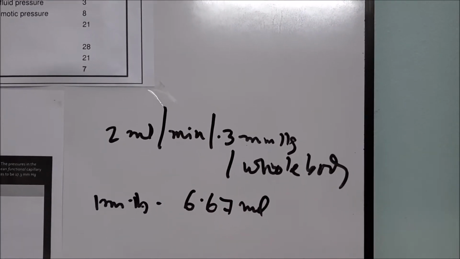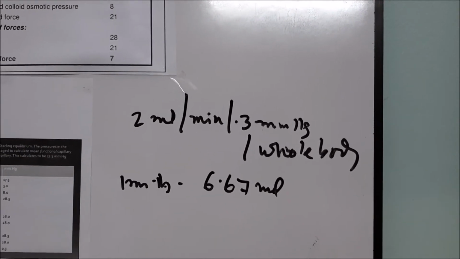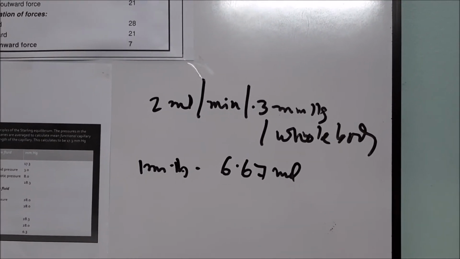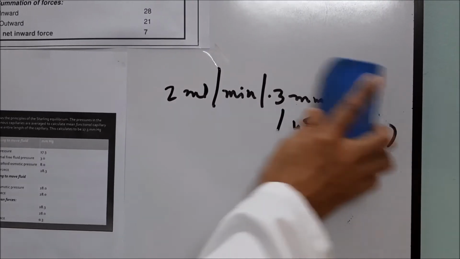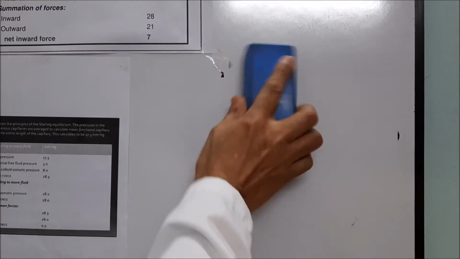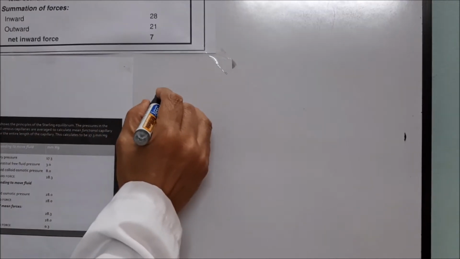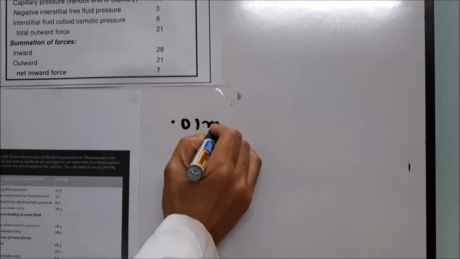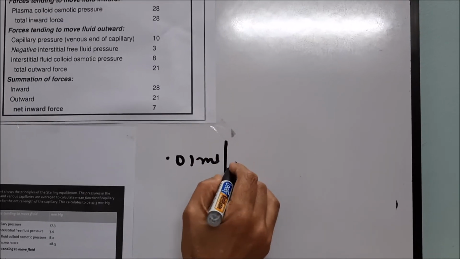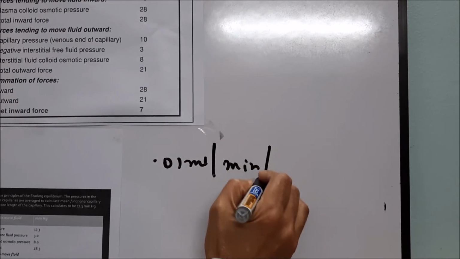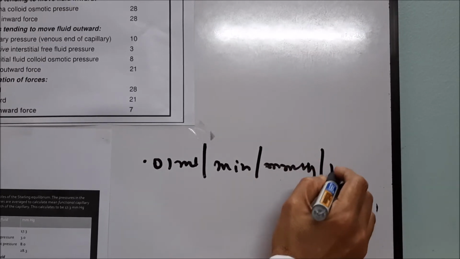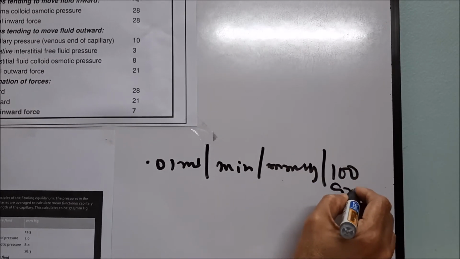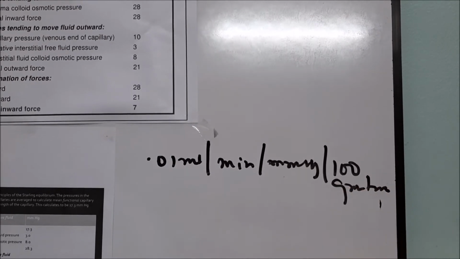But the filtration coefficient is sometimes expressed per 100 gram of tissue. If you convert this, per 100 gram of tissue, it is 0.01 ml per minute per millimeter of mercury per 100 gram of tissue.